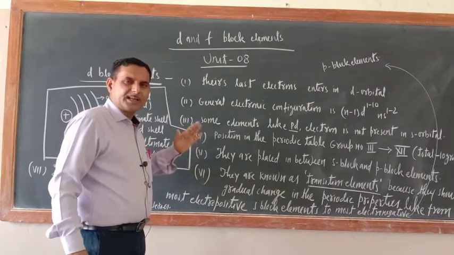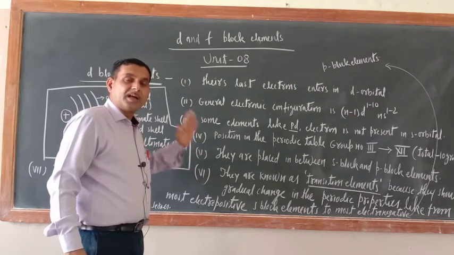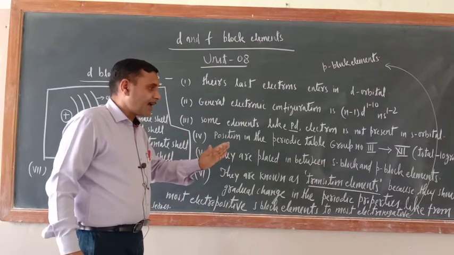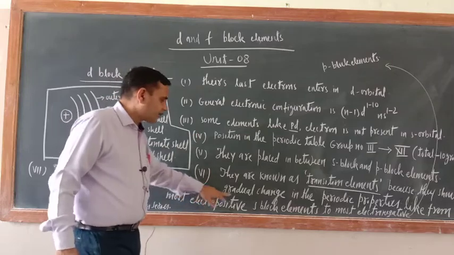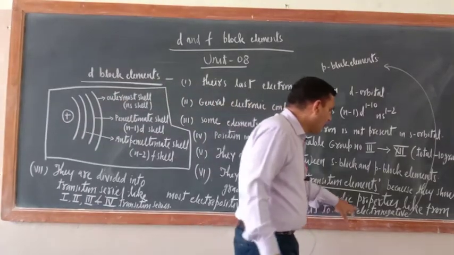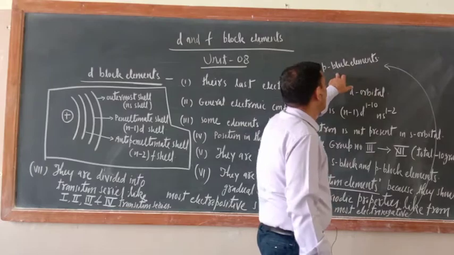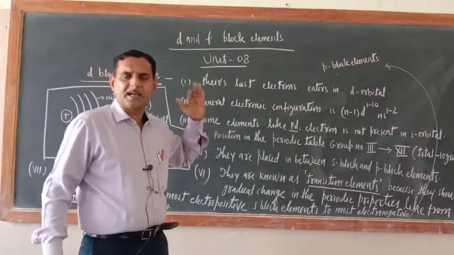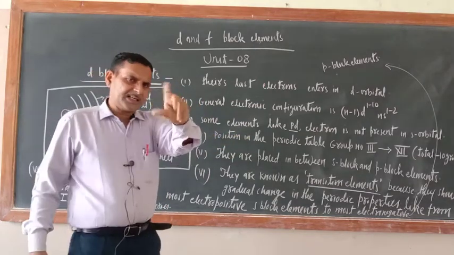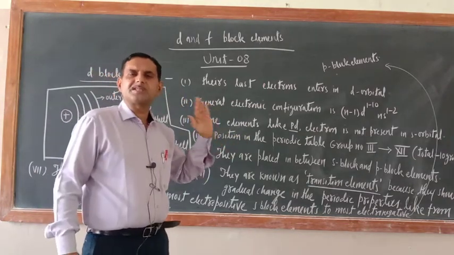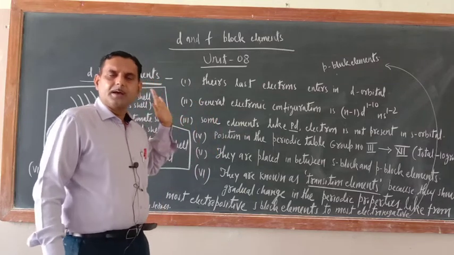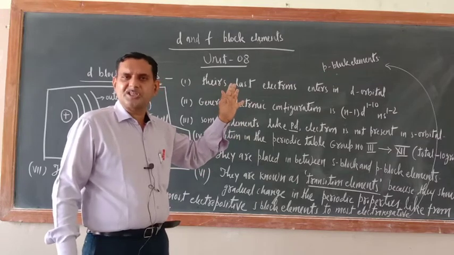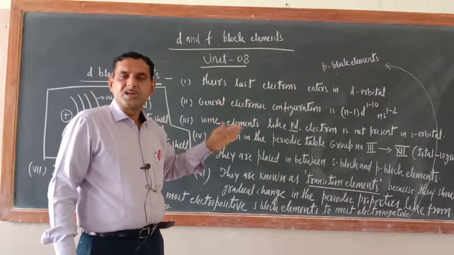They are known as transition elements because they show gradual change in the periodic properties, like from most electropositive S block elements to most electronegative P block elements. Not only this one, in all periodic properties, just see ionization enthalpy. S block elements have the least ionization enthalpy, but as we move left to right in the periodic table, there is a gradual change in the ionization enthalpy. Am I correct or not?